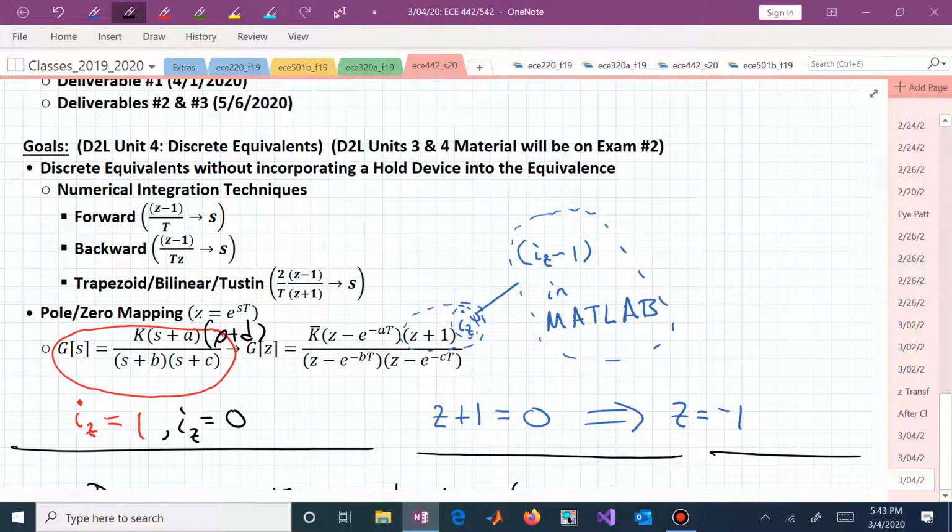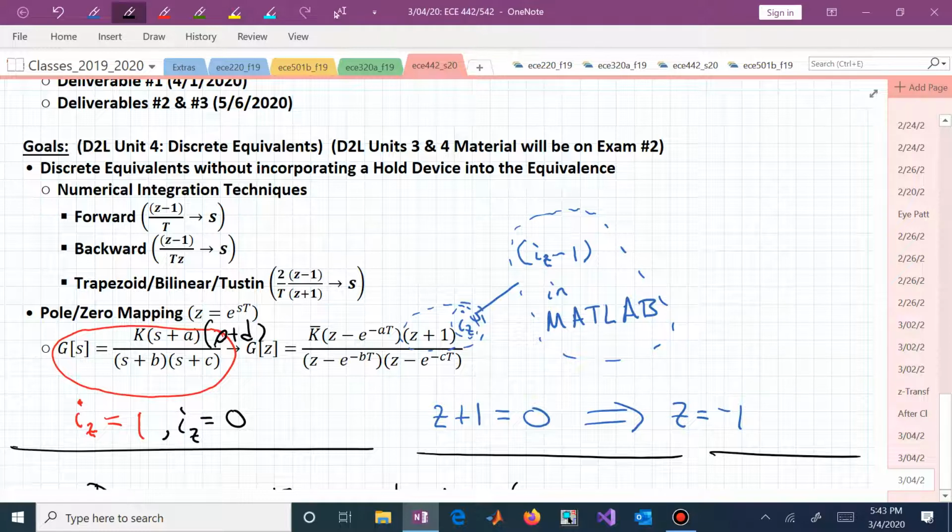S is going to infinity at the same rate in both numerator and denominator, and you don't have G of s going to 0 as s goes to infinity. It goes to 1. Or actually, in this case, it would go to K, capital K. Did that answer your question? Or if we didn't have any factors in the numerator except the K, what would our zeros at infinity be?